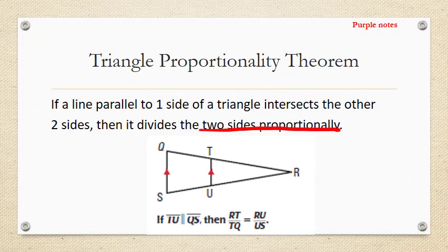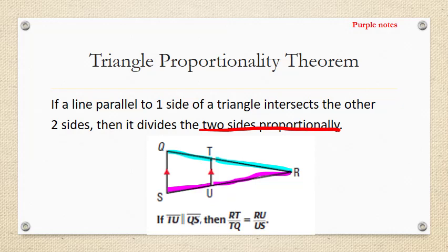So what we mean is, below our little image here, we have these triangles being cut by two parallel lines, right? So we're saying if TU is parallel to QS, then RT, which is this segment right here, over TQ is equal to the side length RU, which is this highlighted side, over US.